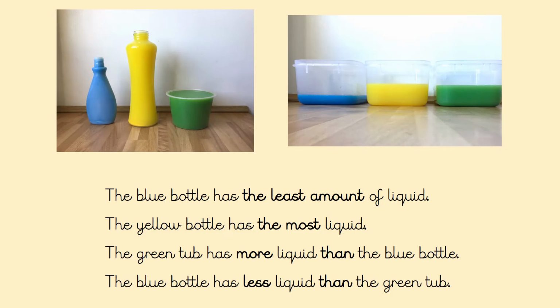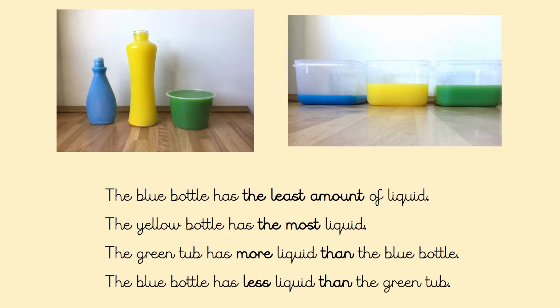So it's a little bit easier to compare with this photo here on top. So we have one photo of what all the liquids looked like before in their bottles, and beside them is the photo of them poured into the identical containers, the containers that are the same size, where we can compare them. And I can make a few statements about these, a few fact sentences. I can say that the blue bottle has the least amount of liquid.